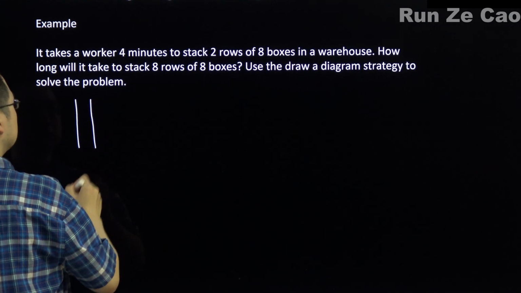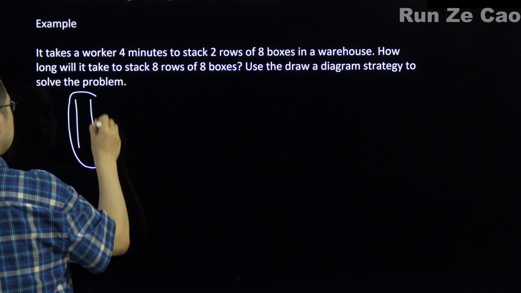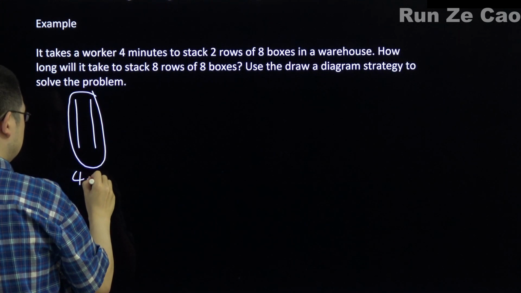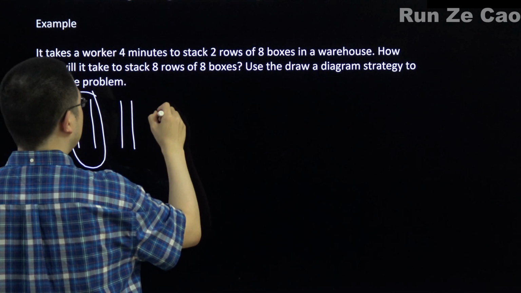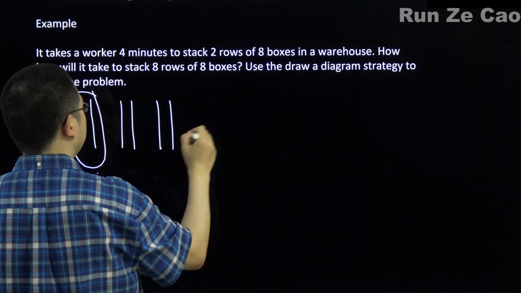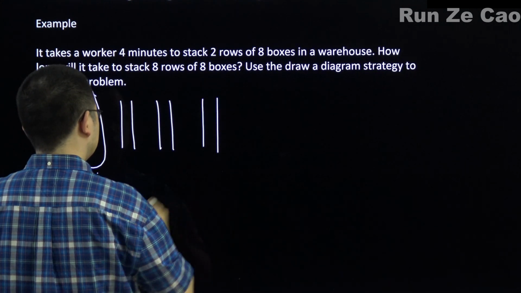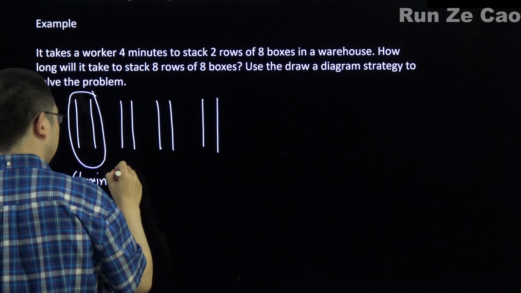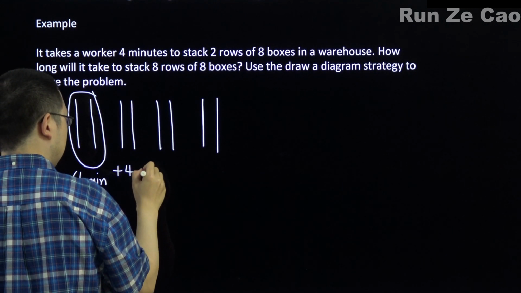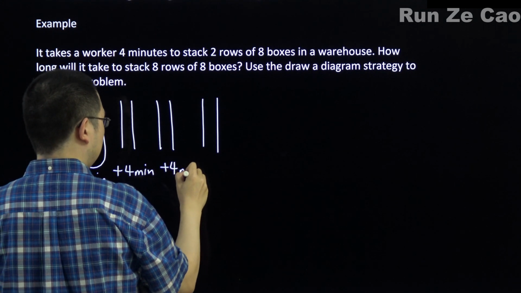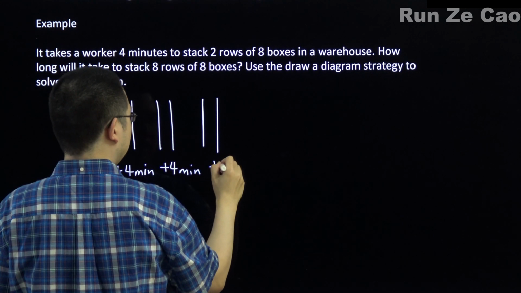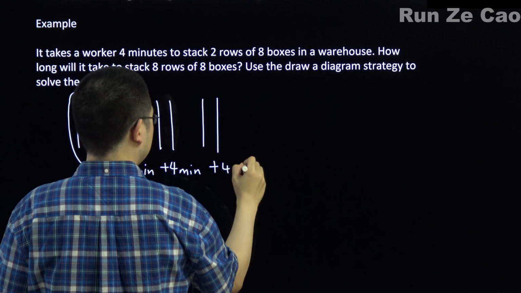Well, this is 4 minutes. So, your other rows of boxes are going to be plus 4 minutes, plus 4 minutes, and plus 4 minutes.